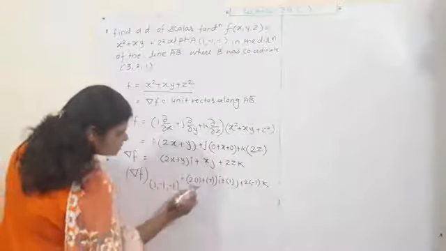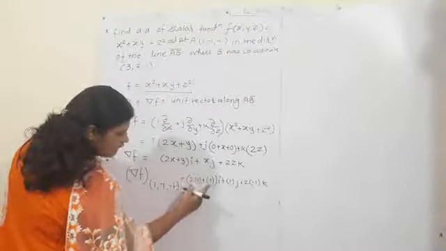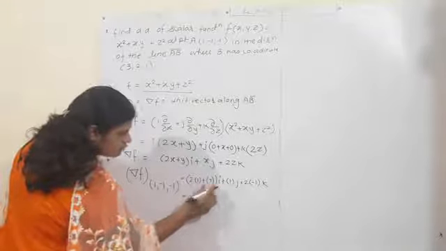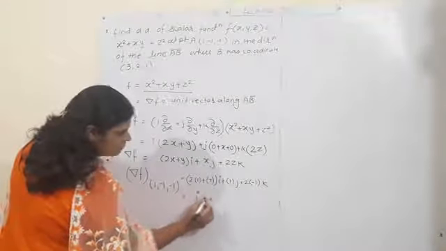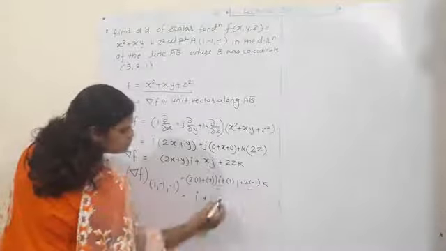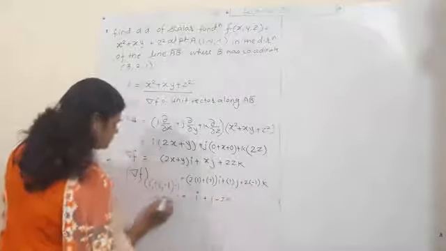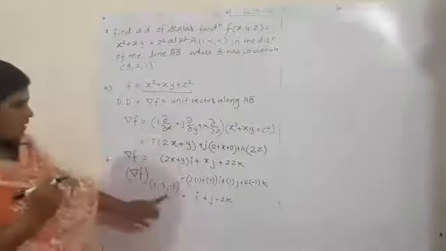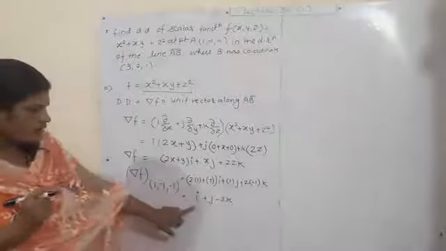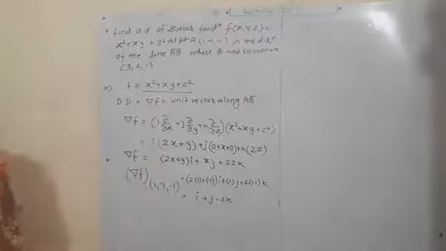So 2 minus 1 becomes 1, that is i, plus j, and 2 into -1 is -2k. So that is our grad of f at the point (1, -1, -1).